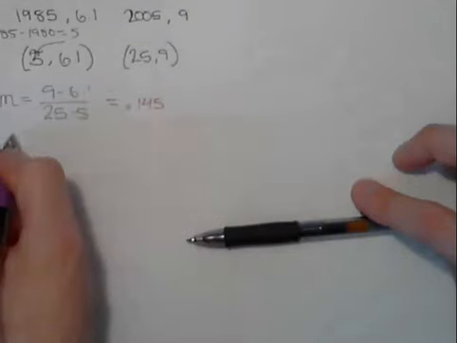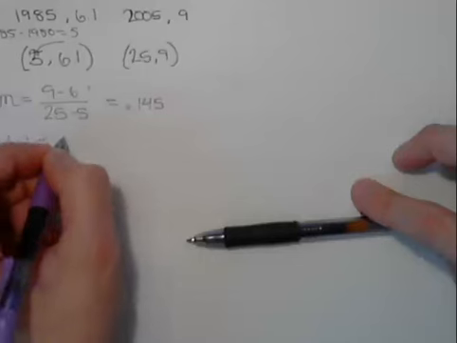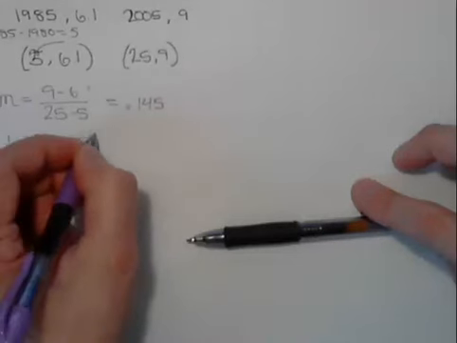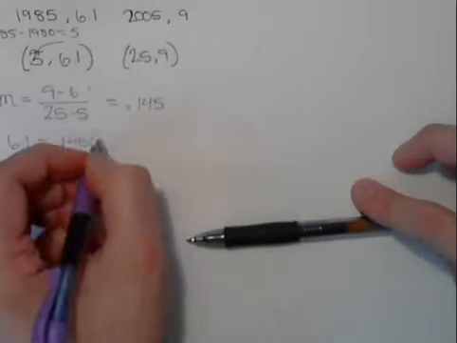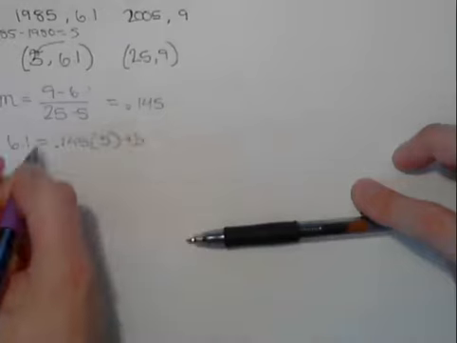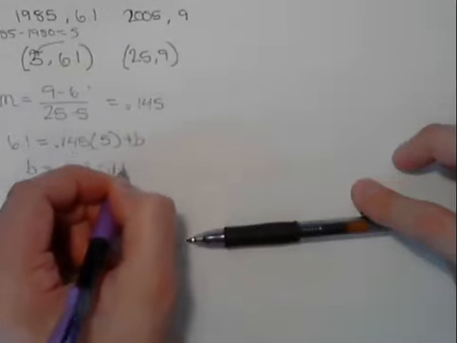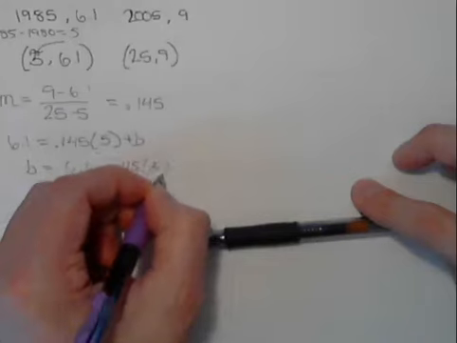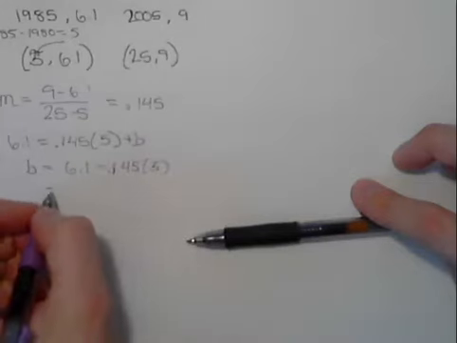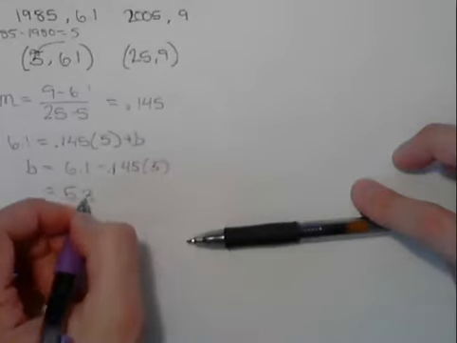And then to get the y-intercept, we'll substitute this point and the slope and the x-coordinate. And so b is equal to 6.1 minus 0.145 times 5. We're going to subtract this over, which gives us a y-intercept of 5.375.